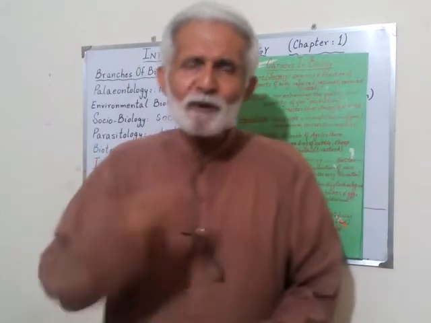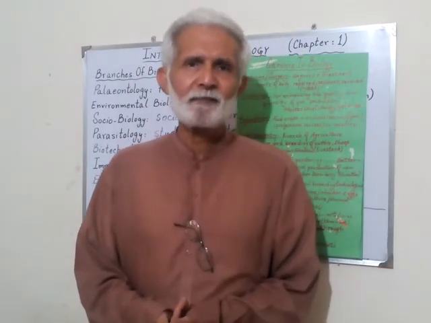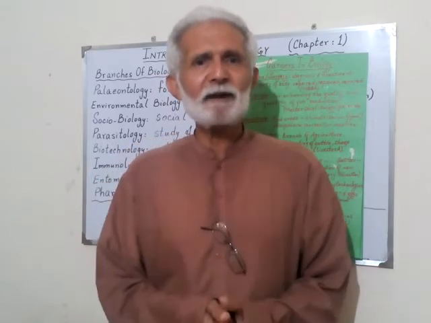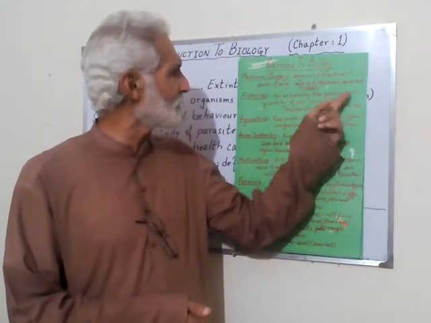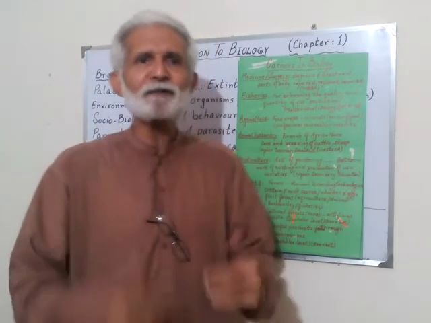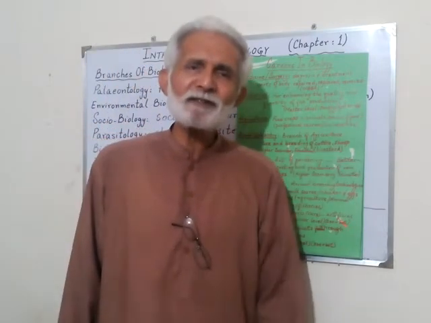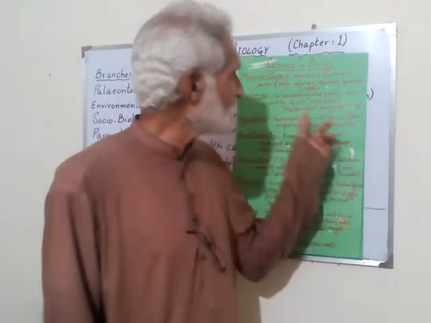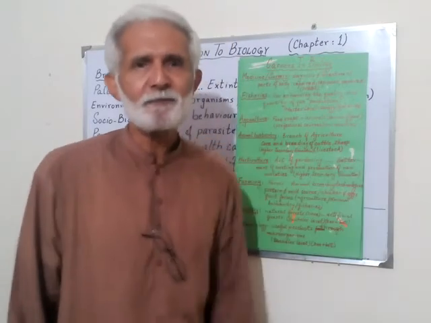So we have to increase the quality as well as quantity for the living organisms. So fisheries department is basically enhancing the quality and quantity of fish production. So quality should increase and quantity also increase. For that, those who study zoology, masters in zoology, they go to fisheries department on excellent jobs.